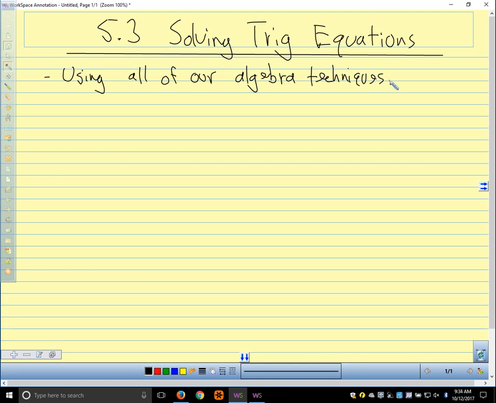So we might factor, we might add or subtract something from both sides of the equation, we might divide the equation by something. All of those kinds of things that we've used to solve equations before in algebra, we're going to use all of those techniques again. But we're going to add all of our new trig techniques.